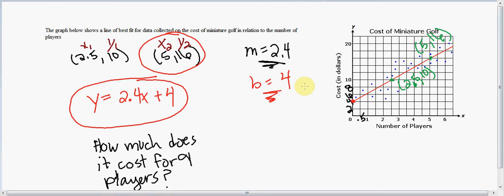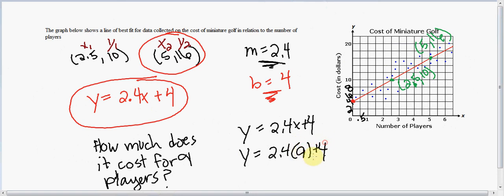Okay, so what I'll do is I'll take my equation, and since 9 players is on the x-axis, I'm going to plug in 9 for the x, so 2.4 times 9, and then I'm going to add 4 to that. And what pops out for y is the cost in dollars, because on the y-axis, that's our cost.